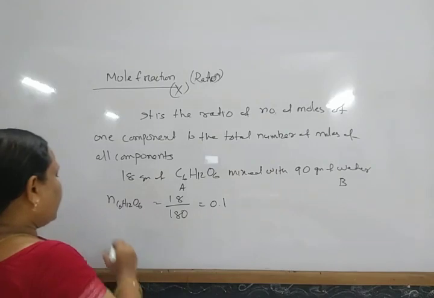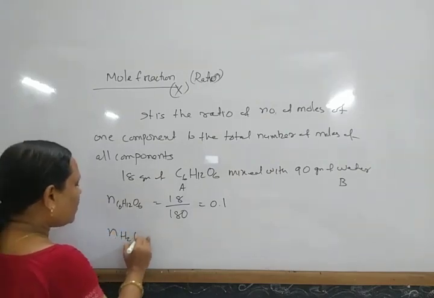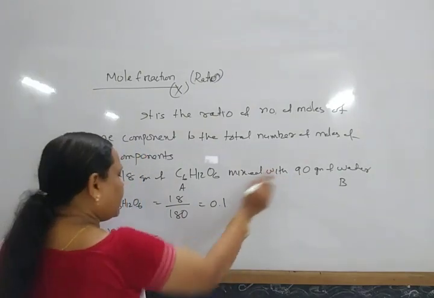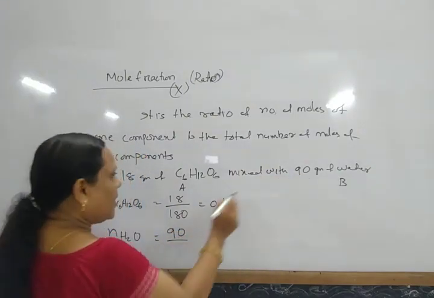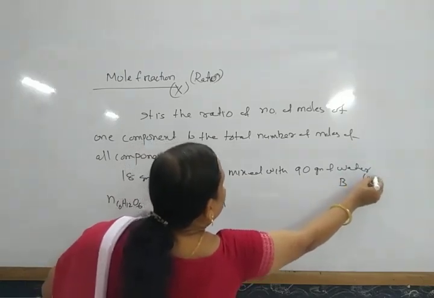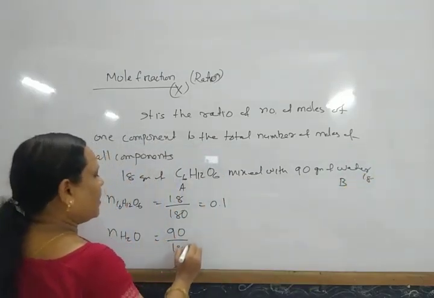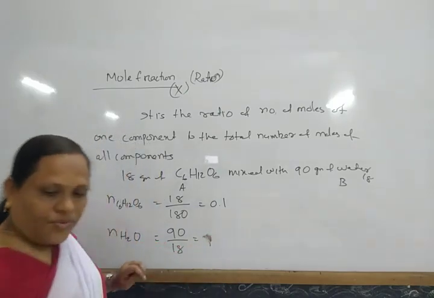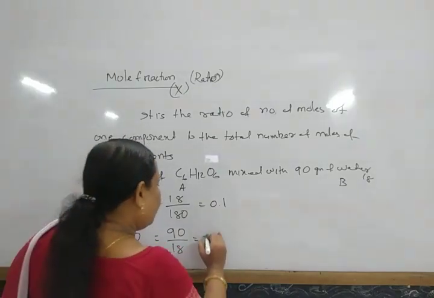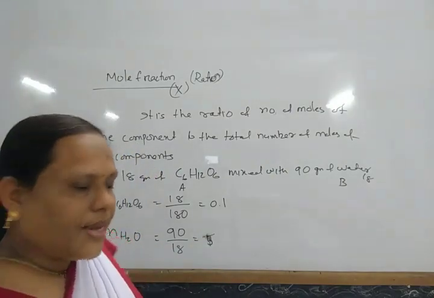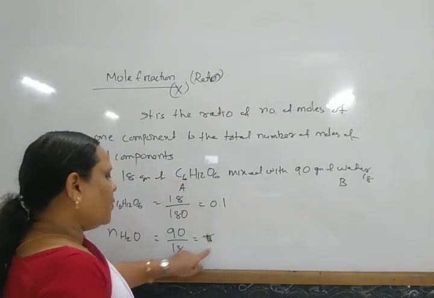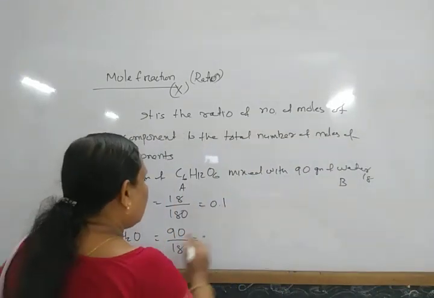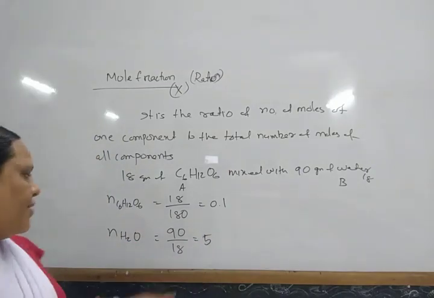Similarly, number of moles of water: weight given is 90, divided by its molecular mass 18, that is equal to 5 mole.